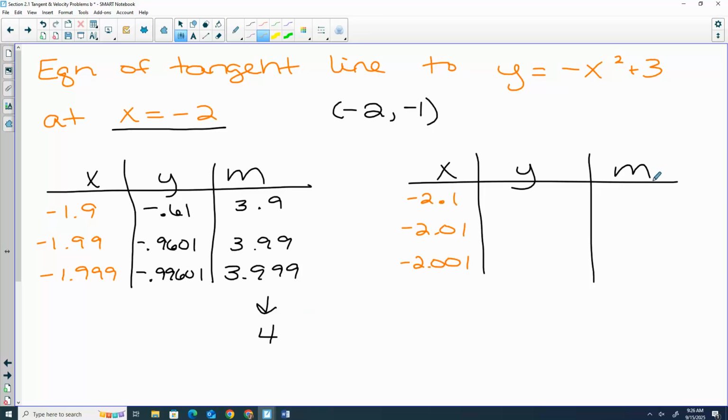Okay, let's check the other one. So negative 2.1, what did you get when you plugged that in? Negative 1.41. Okay. So our slope, we have negative 1.41 minus negative 1, so plus 1, over negative 2.1 minus negative 2.